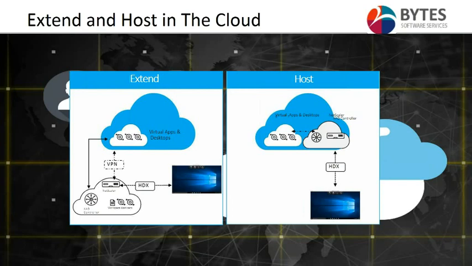If you're looking to get away from having a lot of that architecture on-premise, the next option is to lift and shift your Citrix environment up into Azure. By which I mean you can put all of the architecture running on infrastructure as a service, so the back-end Citrix infrastructure, and then in the same way as the extend option, you can also host your virtual applications and desktops in Azure.